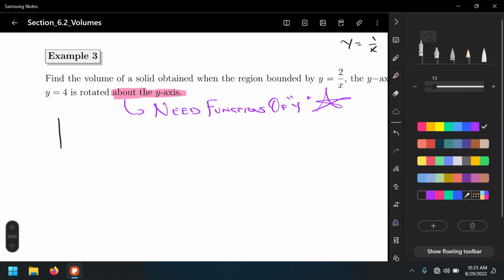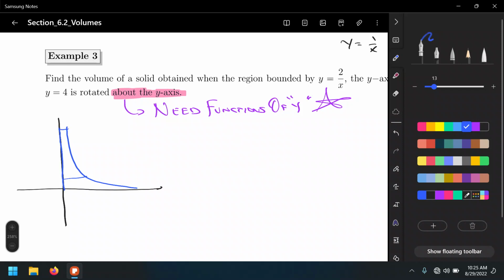So let's plot the region. It's the y-axis, one of the bounds, the graph, and what else? They're telling us y equals 1 and y equals 4.